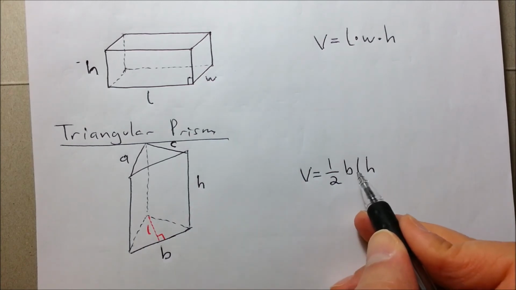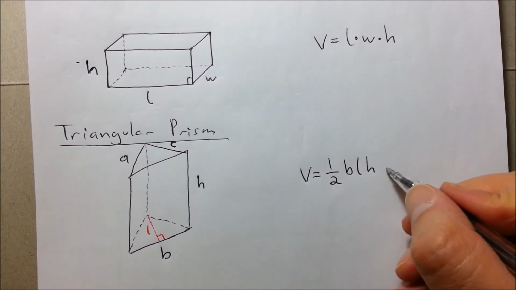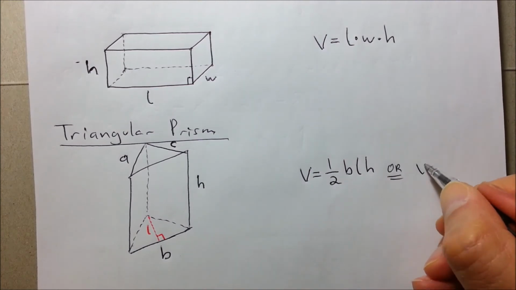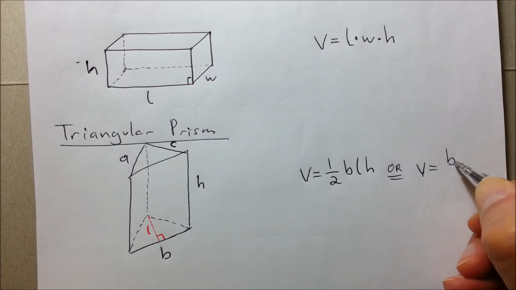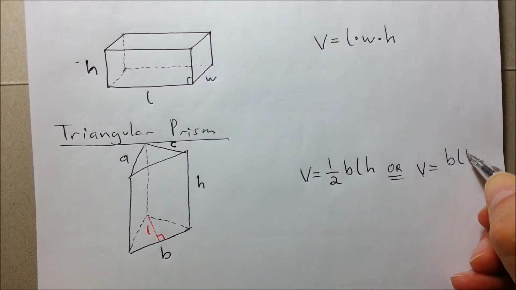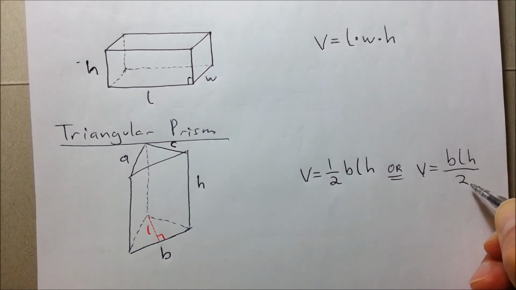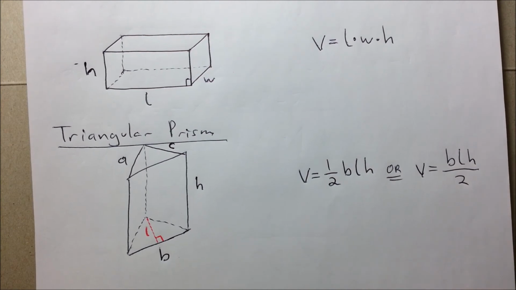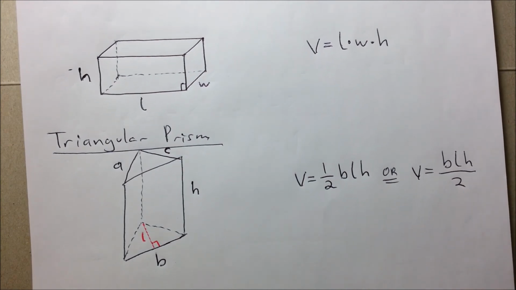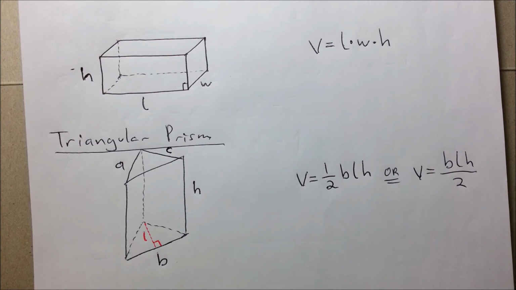So B times L divided by 2, times the height. Another way of writing the same formula is B times L times H over 2. Make sure you have this in your notes, and let's take a look at other lessons.